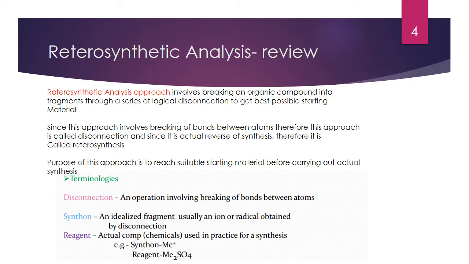So when we break the bond between atoms in a product, the fragments that are produced are called synthons. A reagent is the actual chemical that will be used to carry out the synthesis. For example, a synthon may be a methyl radical or methyl cation, and the reagent that will provide the methyl cation will be methyl sulfate, for example.